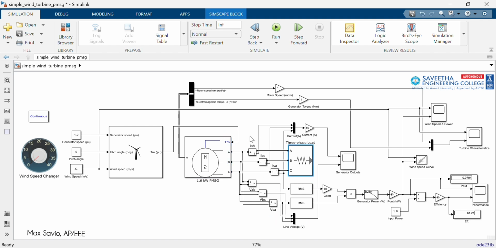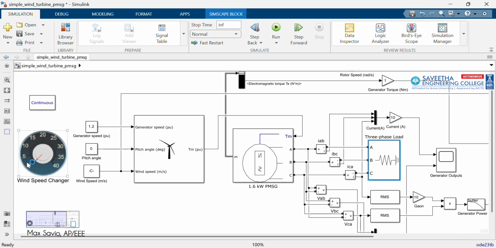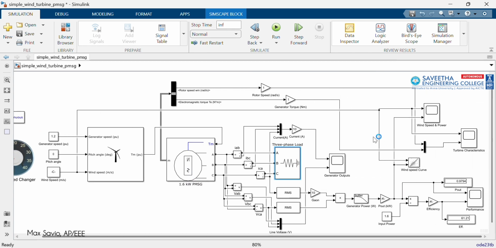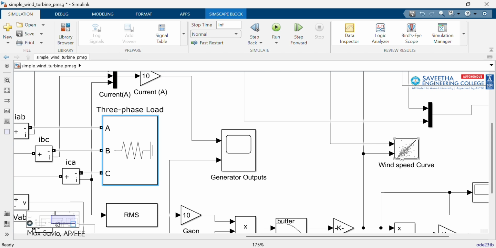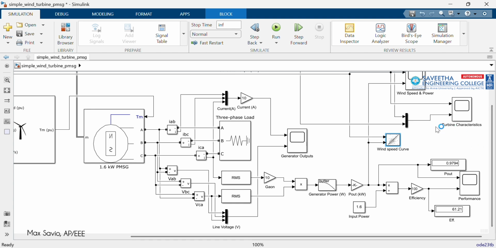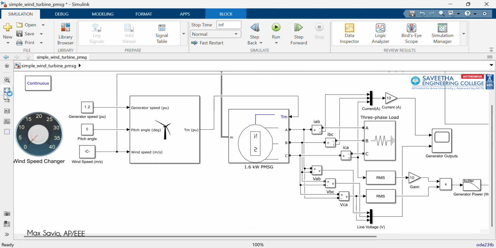We are calculating the efficiency based on the power output, and during the runtime we would be changing the wind speed, and based on the wind speed we will study the characteristics of speed versus power through this graph. We would also see how the output power varies with respect to the other parameters, and the efficiency also. Okay, so let's get into the practice session.